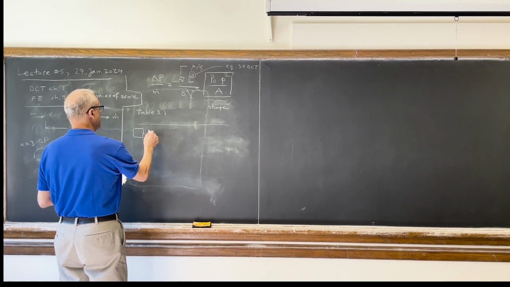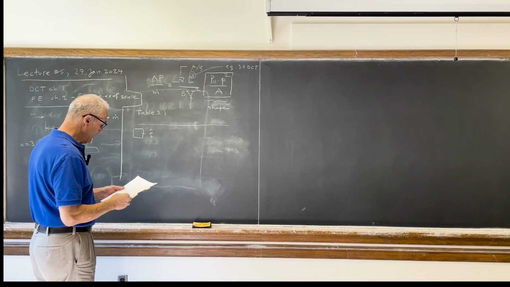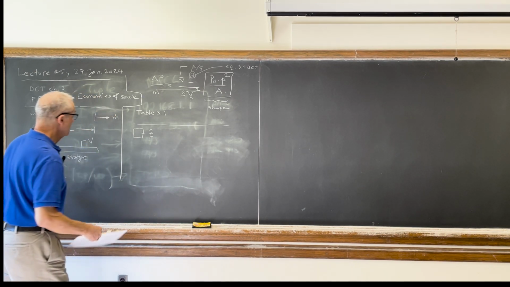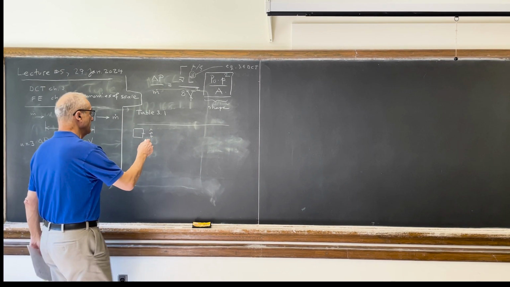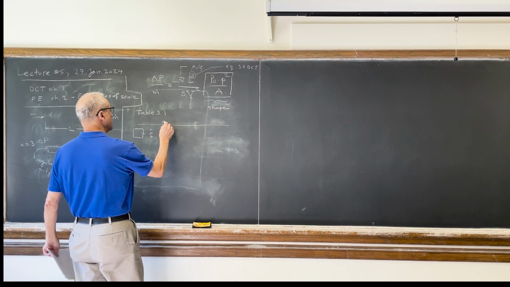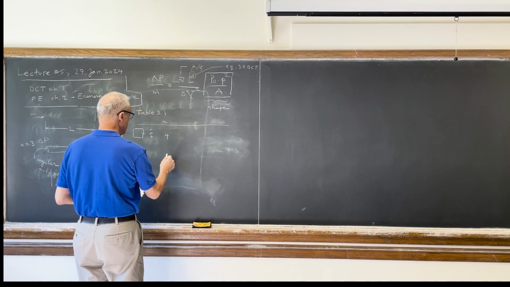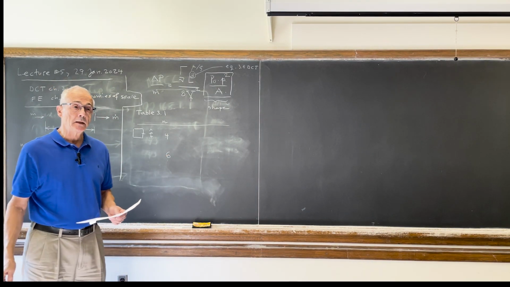So this f with a hat is a value for each regular polygon. Let me put here the number of sides of the polygon, for example, 4 and 6 for a square and a regular hexagon.